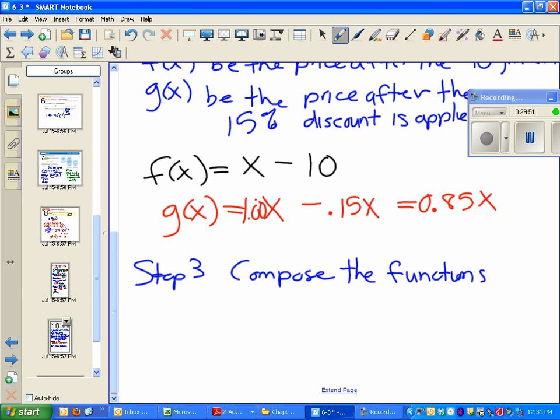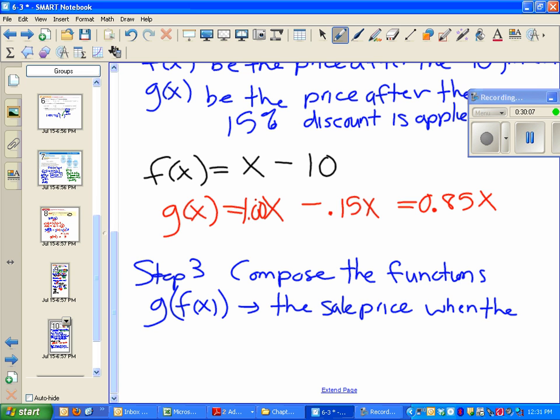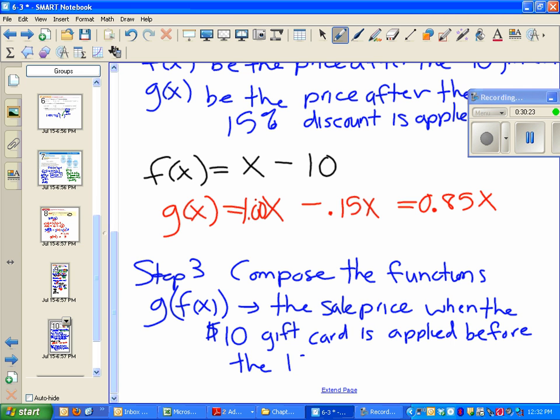So g of f of x represents the sale price when the $10 gift card is applied before the 15%.